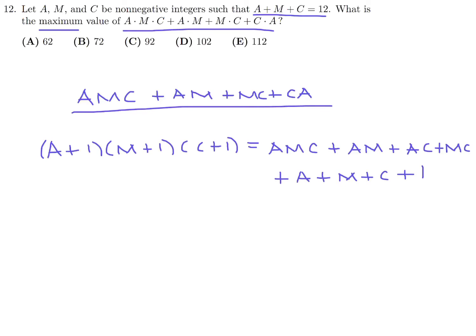And this looks like what we have. The expression given to us is a part of what I just wrote out. And then this, they've also given us as 12.